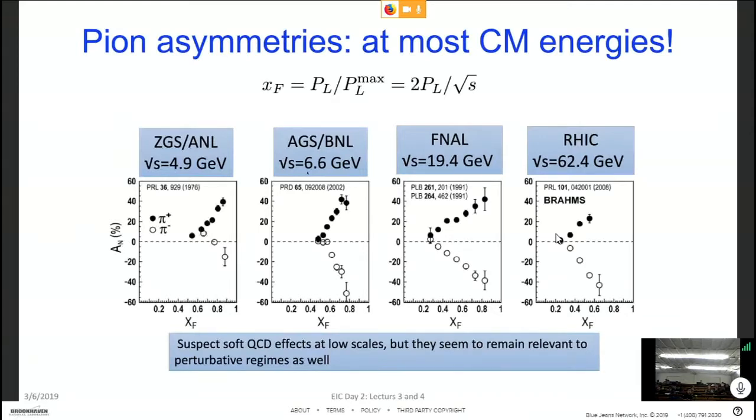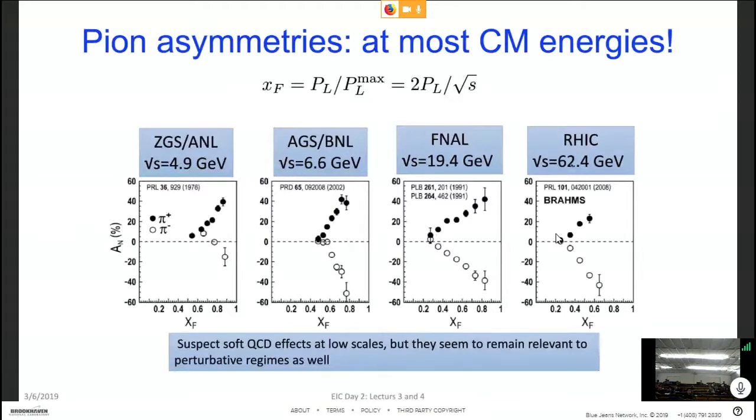The experiment was repeated and published in 2002, actually performed a little earlier, 4 years earlier. It was at 6.6 GeV, and again, a very similar plot, very clear indication that the pi pluses go positively, pi minuses go negatively. At 19 GeV, at Fermilab, they made the measurement, again positive and negative.